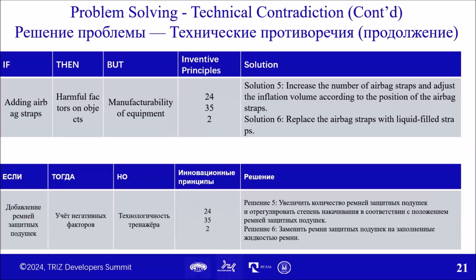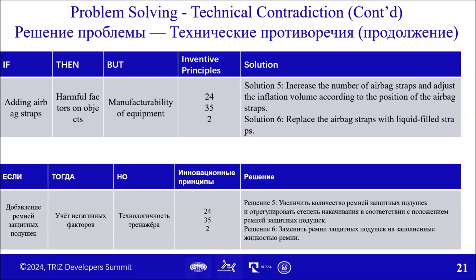Through technical contradiction solving, we came up with a total of 21 solutions, which include: increase the number of airbag straps and adjust the inflatable volume according to the position of the airbag straps.